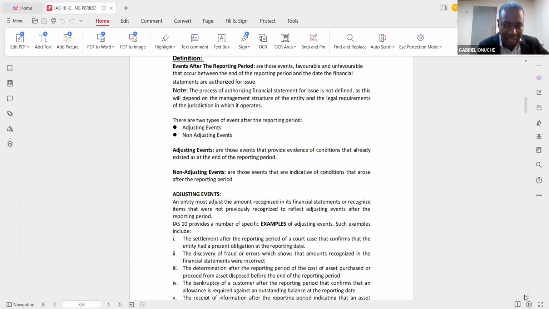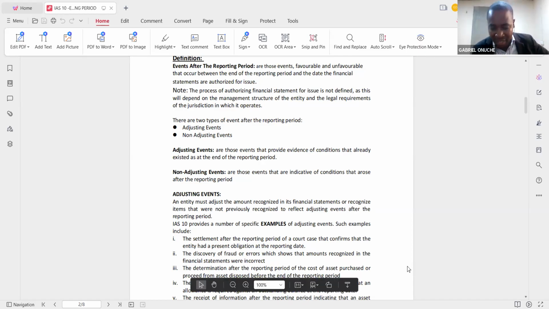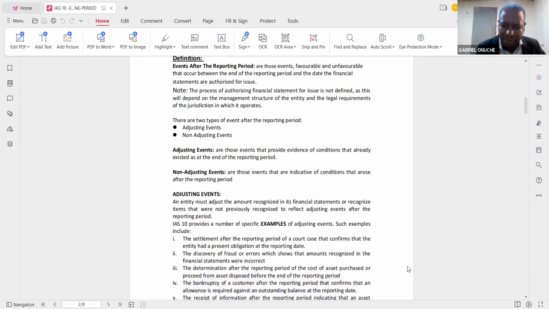I took time to explain this because it is the basic and fundamental point that must be taken to heart while we discuss the standard. Is that clear? Any question on this explanation of the period we are referring to as events after the reporting period? So that I'll address it before we proceed. Any question?